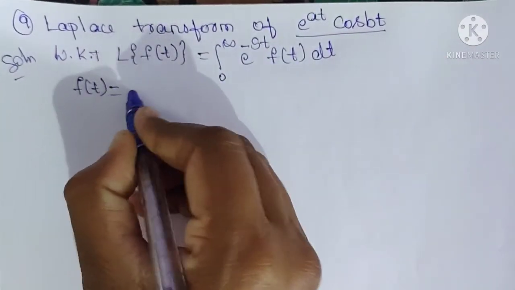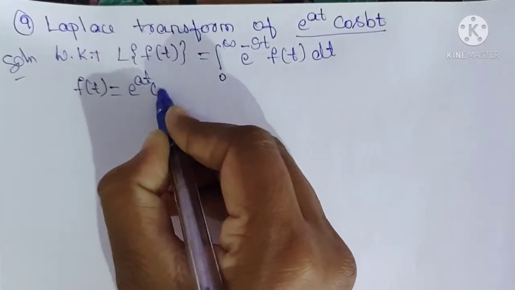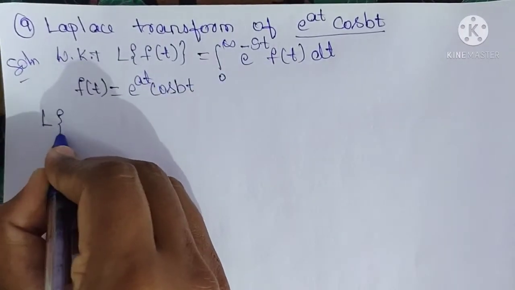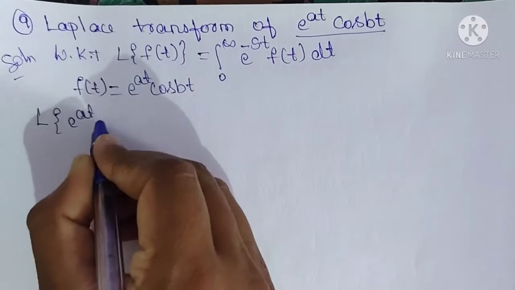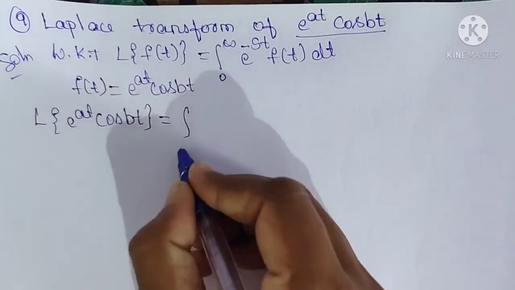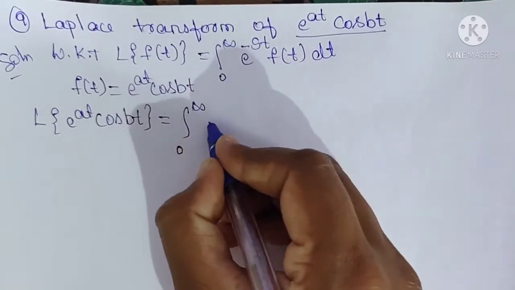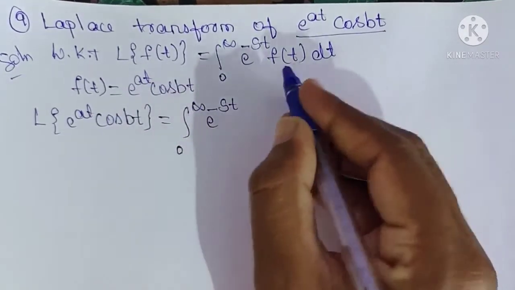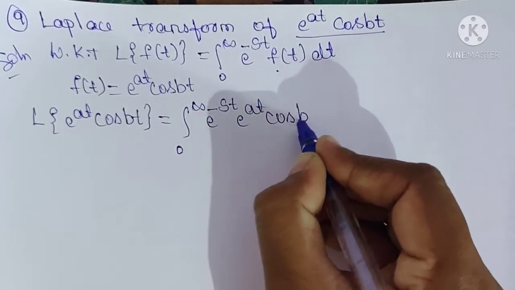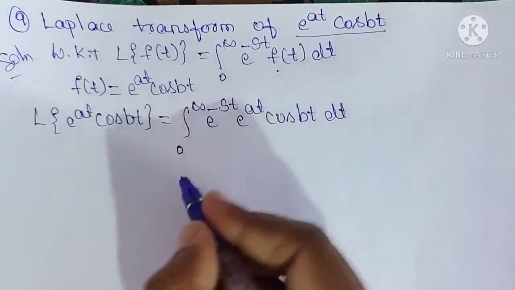Therefore f of t is e power at into cos bt. Then Laplace transformation of e power at cos bt is equal to integral from 0 to infinity e power minus st, as it is, f of t value is e power at cos bt into dt.